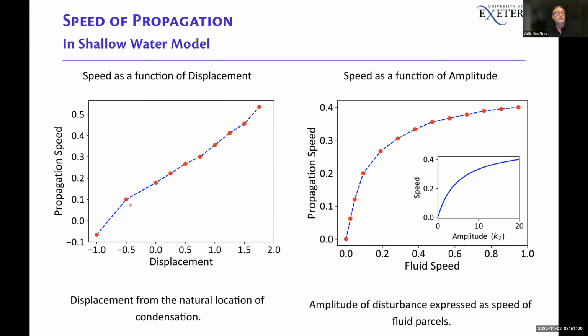This is the displacement of the natural location of the condensation in the toy model, and it does respect that result, that the propagation speed is proportional to this displacement here.